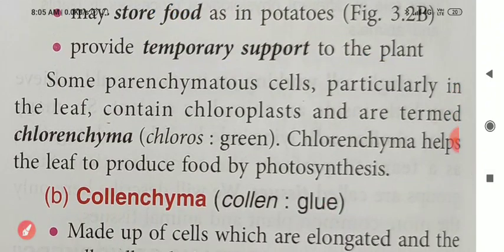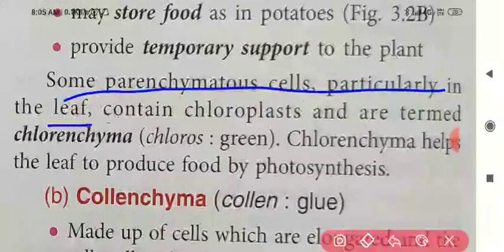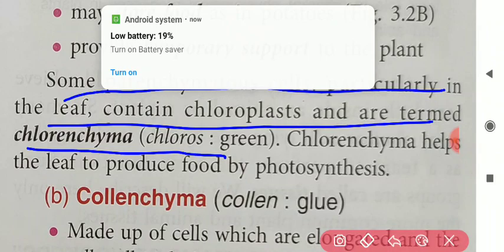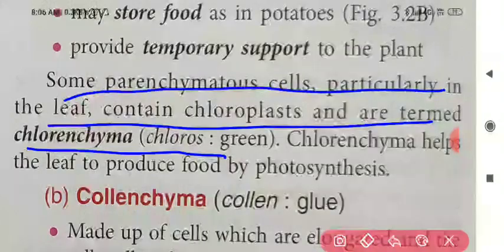Next, my dear students, some parenchymatous cells, particularly in the leaf, contain chloroplast and are termed chlorenchyma. Now, what is chlorenchyma? The parenchymatous cells which contain chloroplast are known as chlorenchyma.